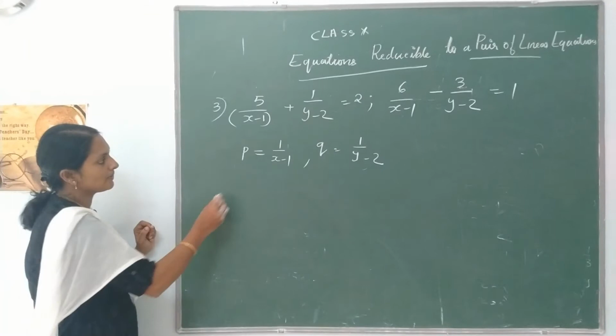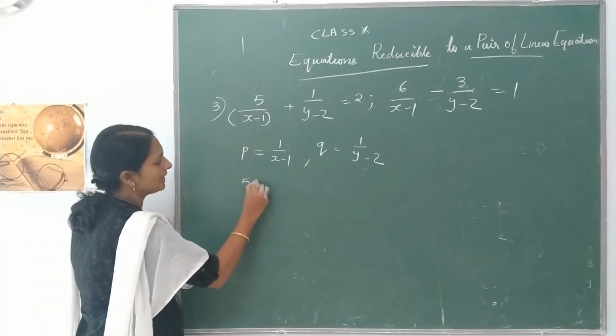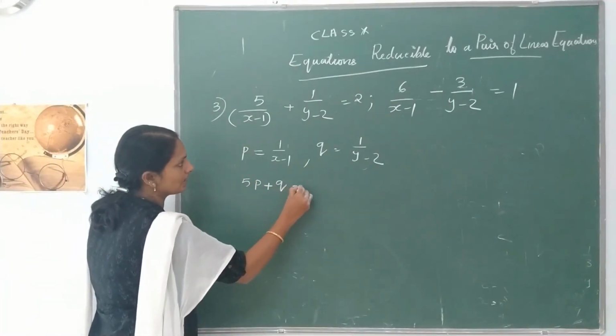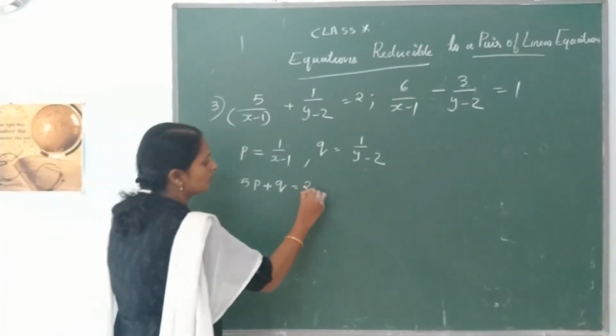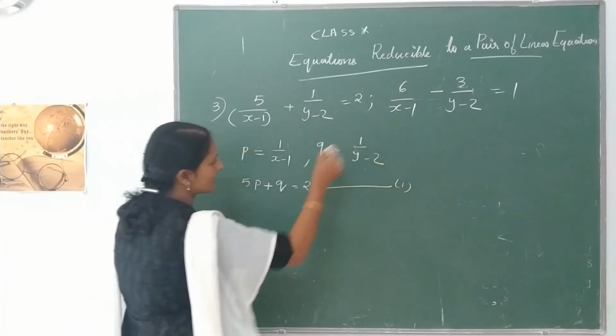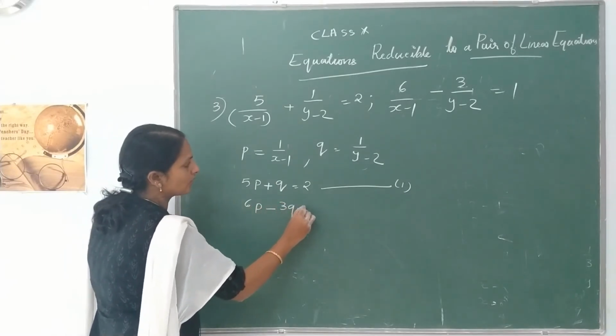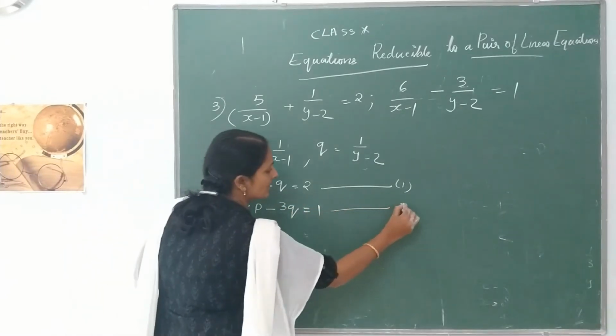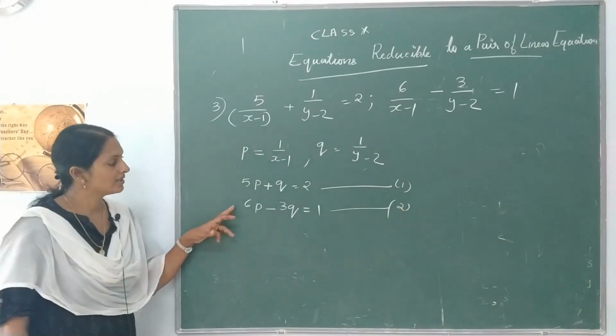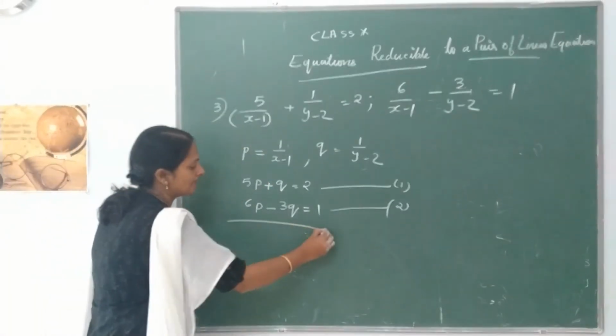Then the first equation becomes 5p plus q is equal to 2. This is equation number 1. Next one, 6p minus 3q is equal to 1. This is equation number 2.